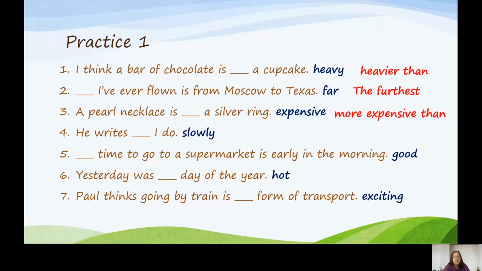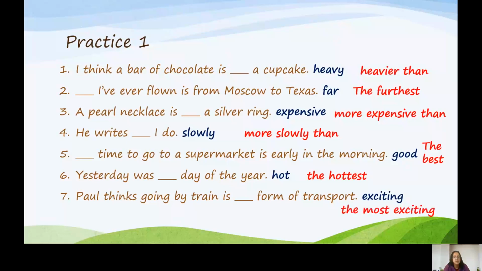Number four, he writes more slowly than I do. Number five, the best time to go to a supermarket is early in the morning. There's less people there. Number six, yesterday was the hottest day of the year. Paul thinks going by train is the most exciting form of transport.